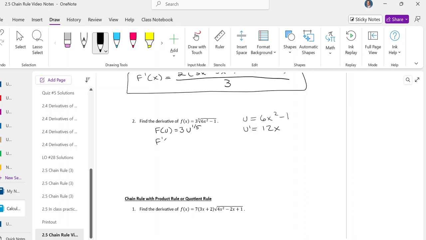So f prime of u is equal to 3/5 u to the negative 4/5 times u prime. So now f prime of x, when I replace the u's with what they're equal to, is 3/5 times 6x squared minus 1 to the negative 4/5 times 12x.